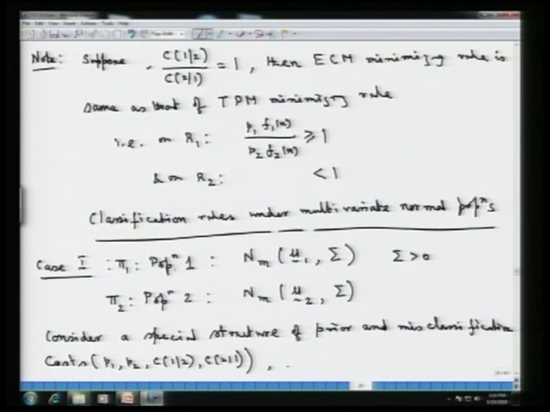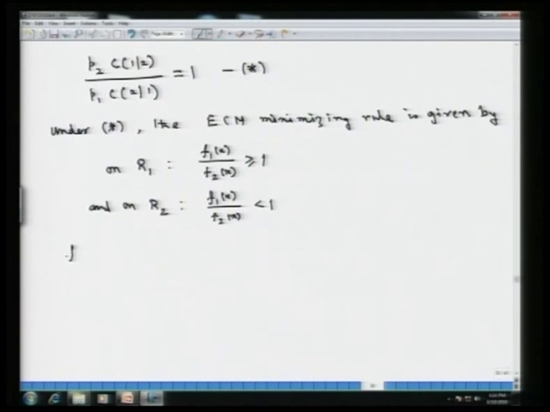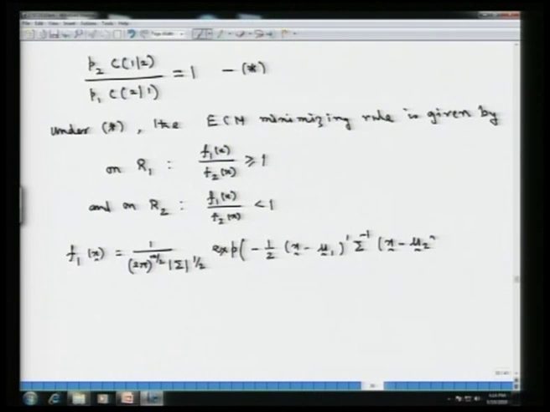We have the two populations pi 1 and pi 2 to be two multivariate normal populations, and hence we will have f1(x), the density of the multivariate normal N(mu1, sigma). This is 1 upon (2 pi) to the power m by 2, determinant of sigma to the power half, and then e to the power minus half (x minus mu1) transpose sigma inverse (x minus mu1).